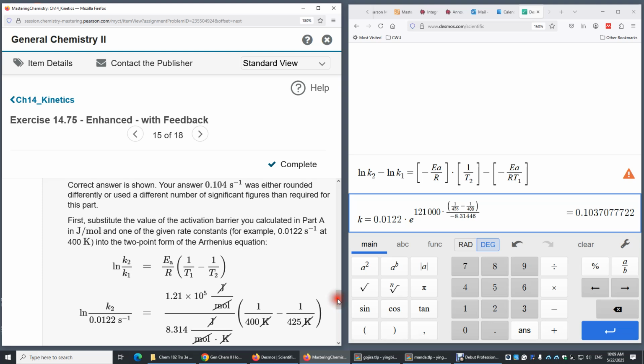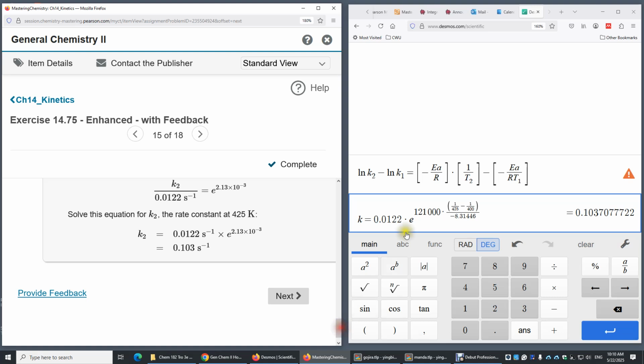You have A, the pre-exponential factor, and you have E sub A, the activation energy, and you can just easily get the value of the rate constant at any temperature. We do this only because we don't want to compute A.